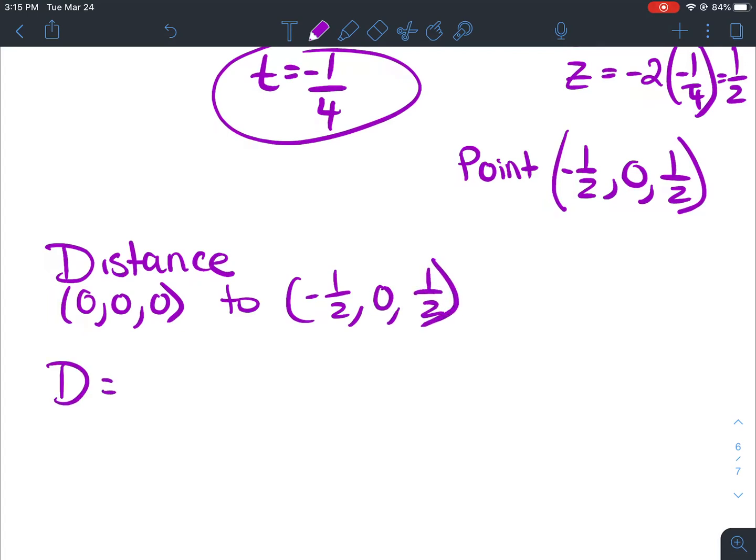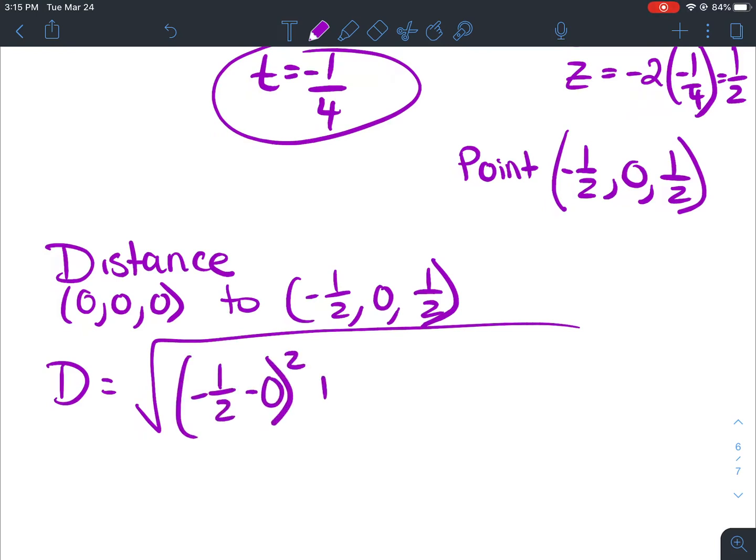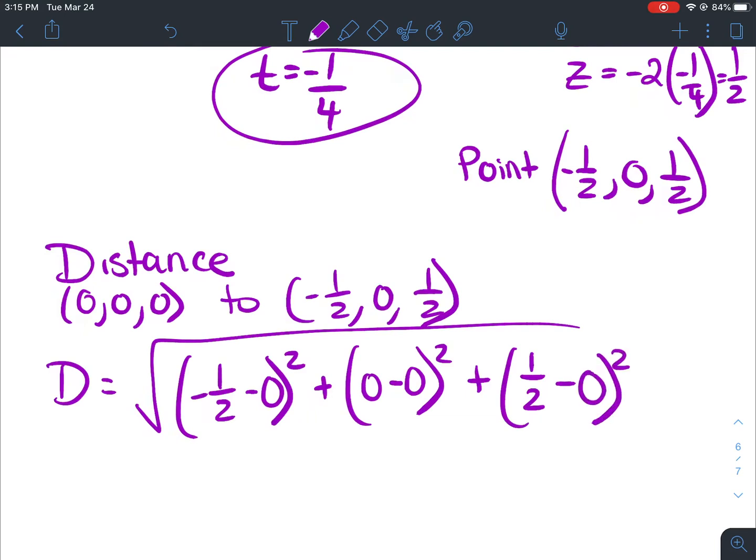And we do that with the distance formula, which is like the Pythagorean theorem, the magnitude of a vector. Just subtract the x, y, and z coordinates, square them, add them together. And we get square root of 1/2 as the final answer.